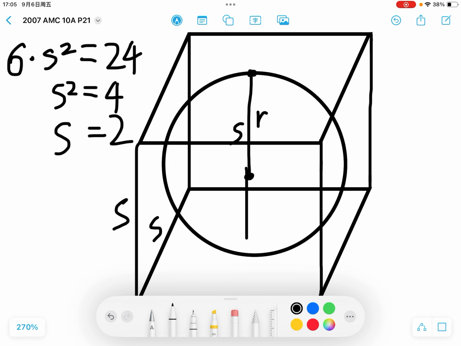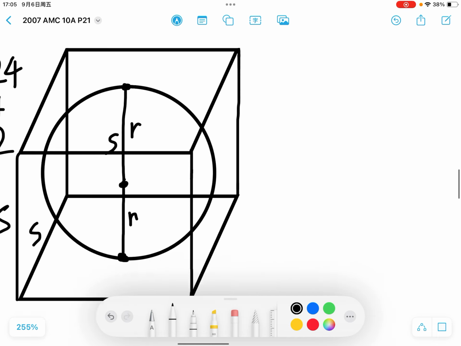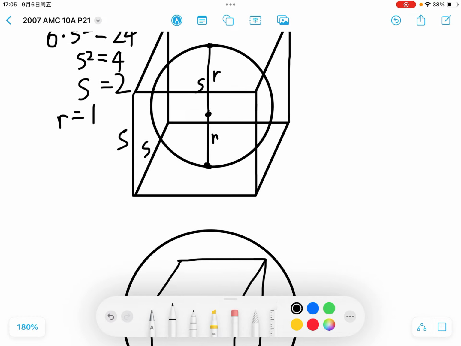So if we connect the top and bottom points, this is the diameter of the sphere, and it's also the side length of the cube. So the side length of the cube is 2, and R is equal to S over 2, which is 1. So the radius of the sphere is 1. That's another piece of useful information.